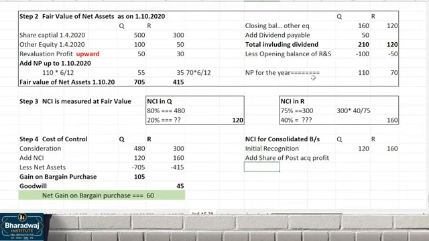What is the share of post acquisition profit? In Q, 110 into 6 by 12 into the level percentage. Q level percentage share, 20% share. In R, how much? 70 into 6 by 12 into what percentage share? 40%. Direct and indirect control 40%.